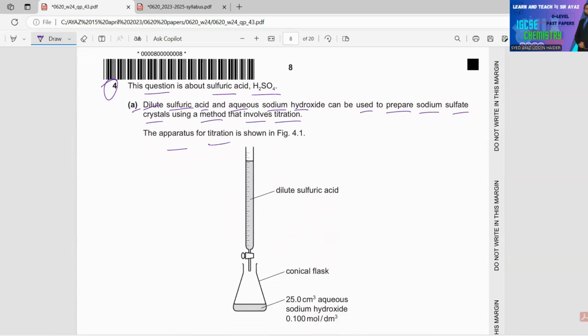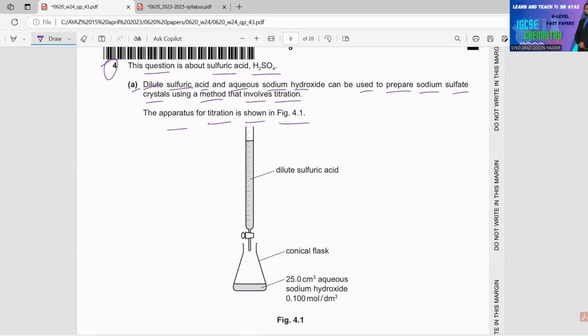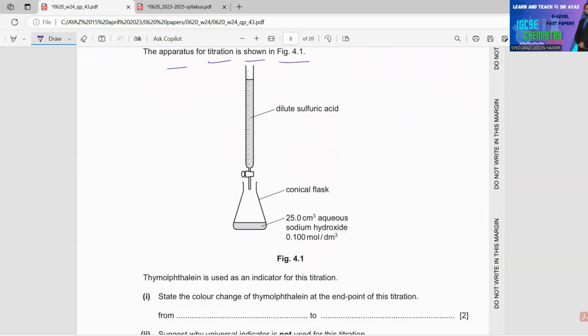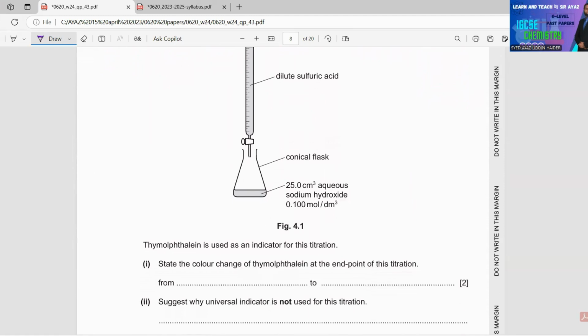The apparatus for titration is shown in figure 4.1. So this apparatus we are using. We have 20 cm³ of aqueous sodium hydroxide in the conical flask and dilute sulfuric acid in the burette. Thymolphthalein is used as an indicator for this titration. Number 1, state the color change of thymolphthalein at the end point of this titration.